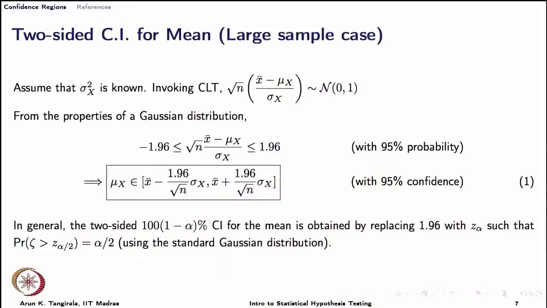Suppose that is the case, then we know that the standardized statistic follows a standard Gaussian distribution. If you look at the equation here, from the properties of a Gaussian distribution, we know that the standardized Gaussian variable takes on values between plus or minus 1.96 with 95% probability. So, now we are in step 3.